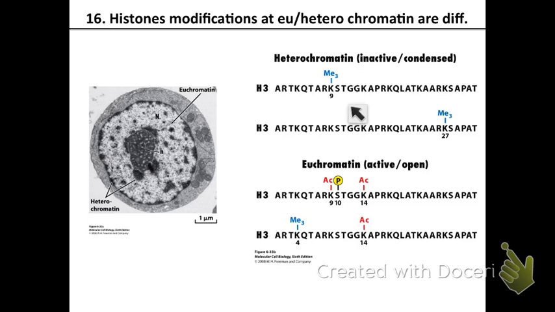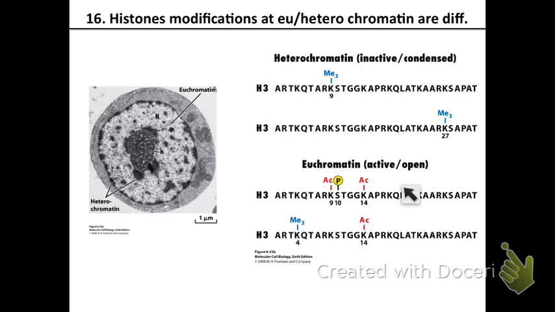So the heterochromatin usually had histone H3 that were trimethylated in lysine 9. So I'm going to refer to that as H3K9 methyl 3, right? Histone H3, lysine 9, methyl 3. Or they had histone H3K27 methyl 3.